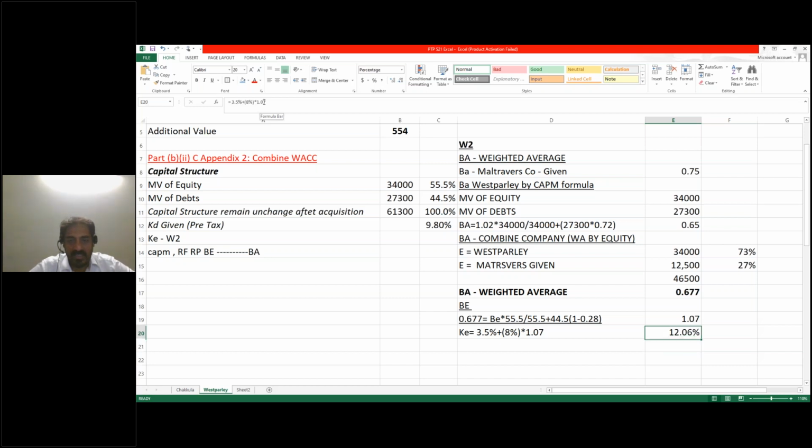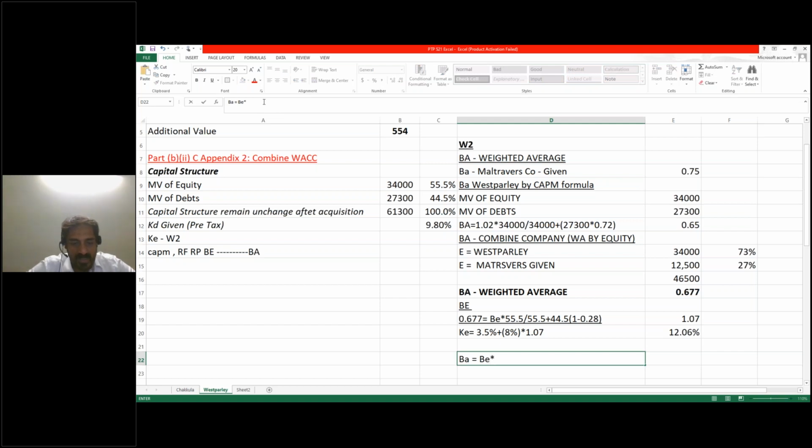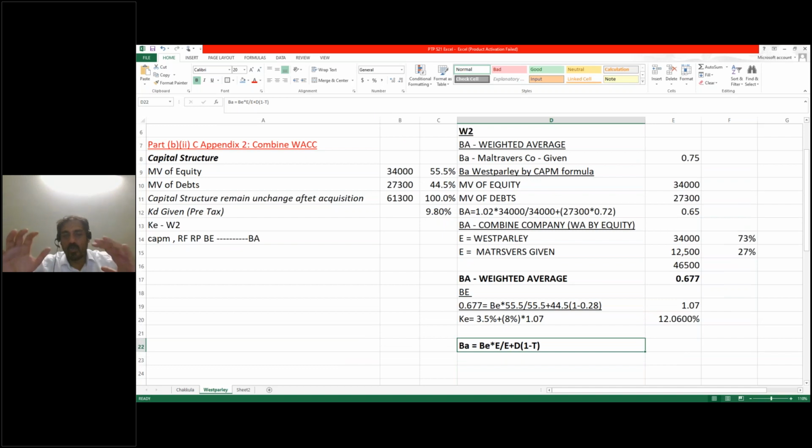Beta equity, it's a simple formula. Beta asset is equal to beta equity multiplied by E divided by E plus D, 1 minus T. Candidates, do remember that the examiner is not expecting you to mention this formula in the spreadsheet. You have to work it out directly.